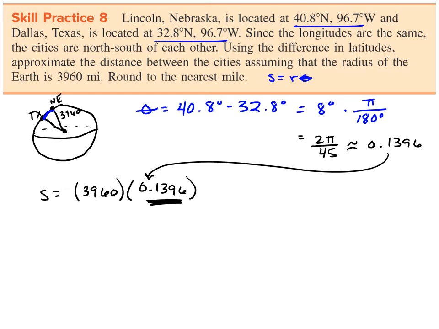So once you calculate this decimal, you might just want to leave it in your calculator and then quickly multiply by 3,960. And this will give you approximately 553 miles. So I think that's kind of neat to figure out this way that Lincoln and Dallas should be approximately 553 miles apart from one another.